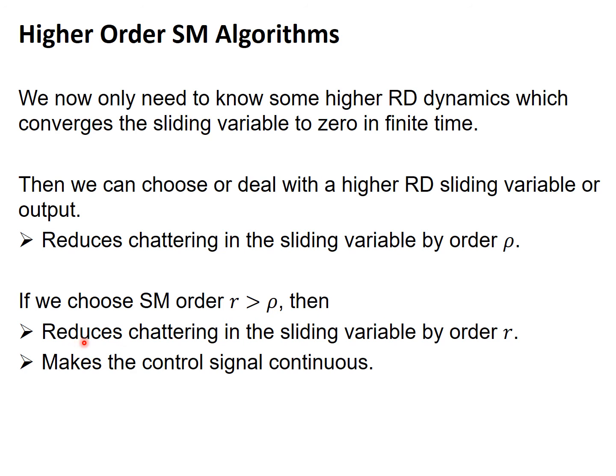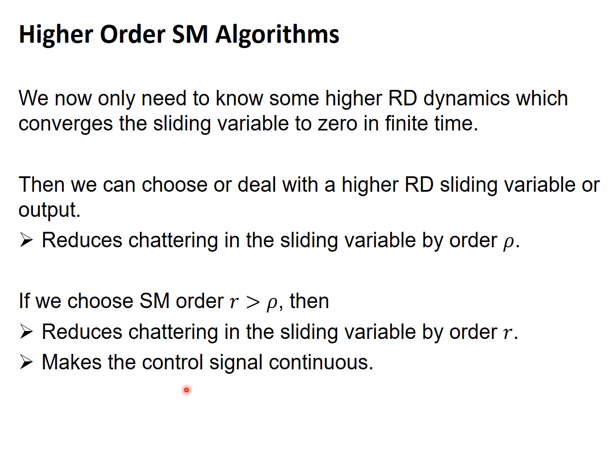Please note this: if the sliding mode order is chosen as r, that means the discontinuity is in the rth derivative of the sliding variable. That is how sliding mode order is defined. So the chattering is reduced in the sliding variable by order r, and this also makes the control signal continuous, because the discontinuity will not be in u, but in u dot or u double dot or somewhere like that.